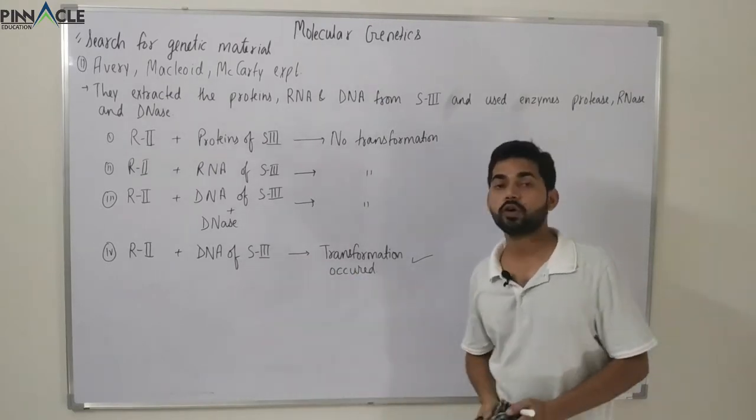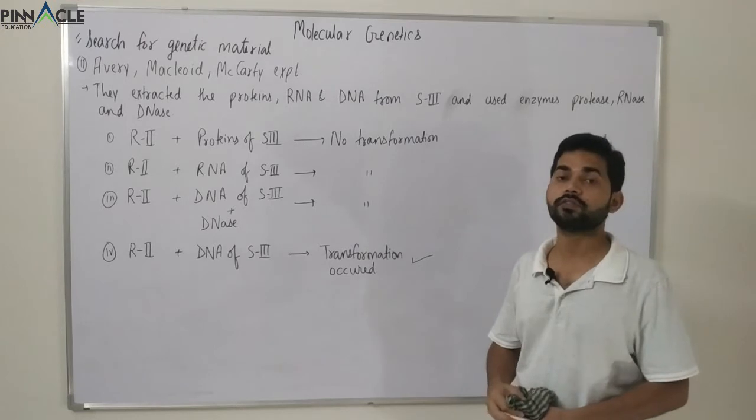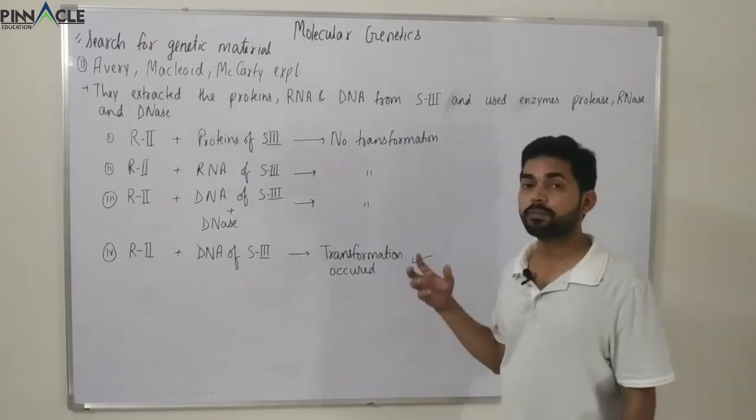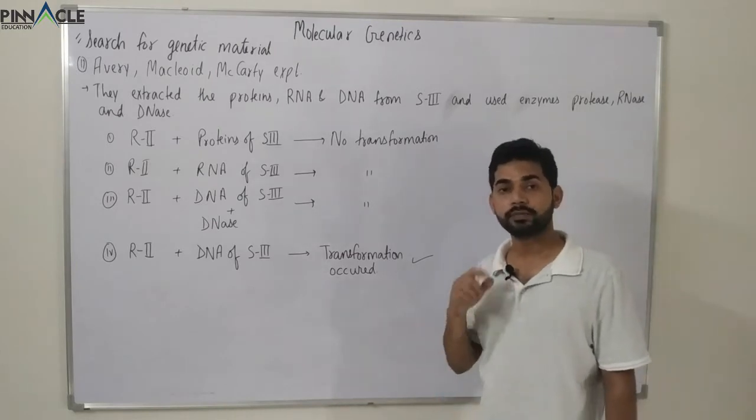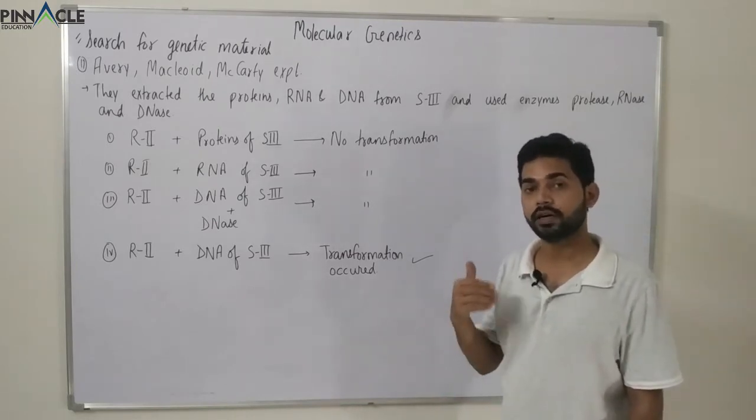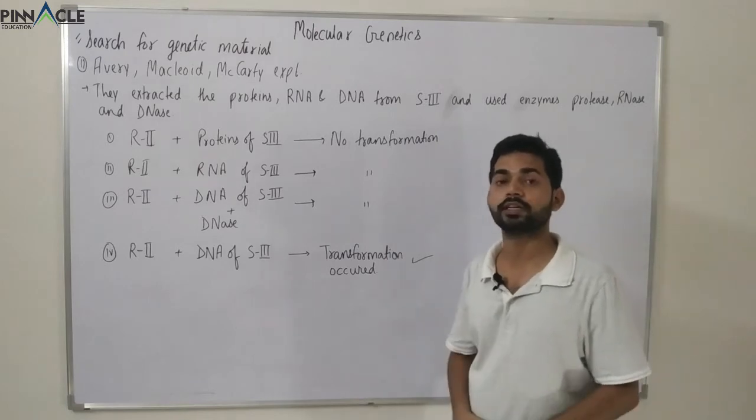Apart from that, we also have to study the experiments of Hershey and Chase. They provided certain evidences which were undisputable, and everybody had to accept that DNA was the genetic material.